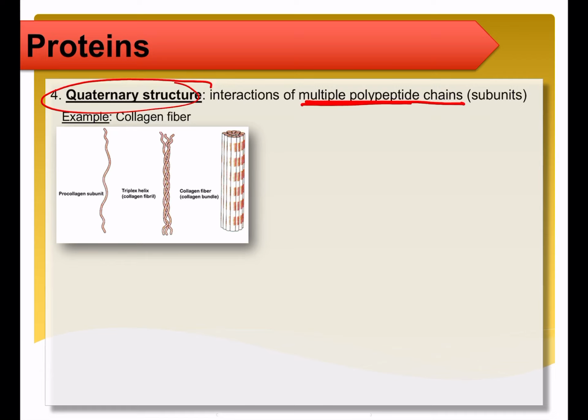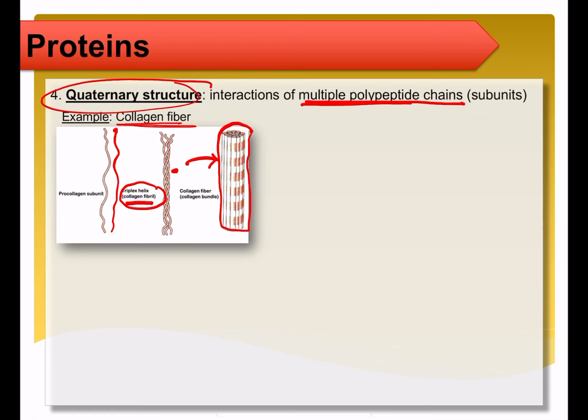For example here, collagen fiber, those proteins that sit underneath your skin that I talked about earlier for structural support, is actually made up of many polypeptide chains together. Here's one particular collagen subunit, but 3 of them can form what's called a triple helix, okay, that forms your collagen fibril, and many of these can come together to form one single collagen fiber.